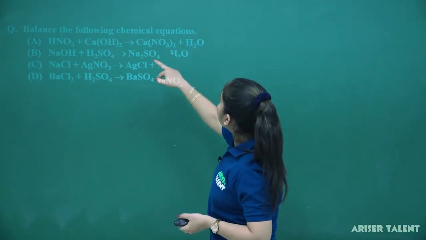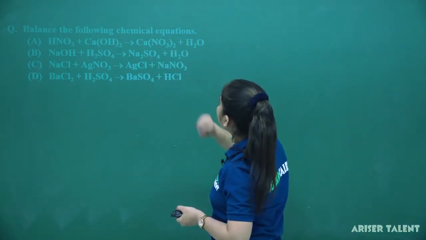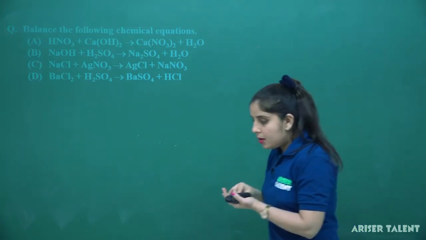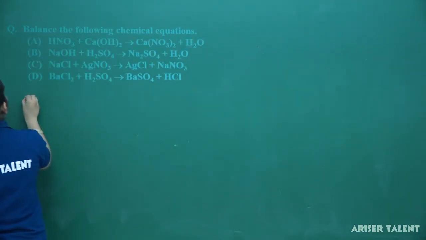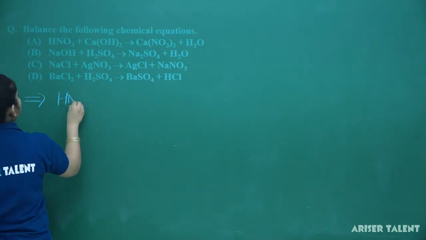HNO3 reacts with Ca(OH)2 to give calcium nitrate plus water. Now we are trying to balance this equation, so I am writing this equation again.